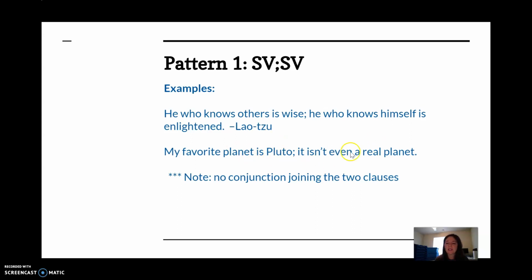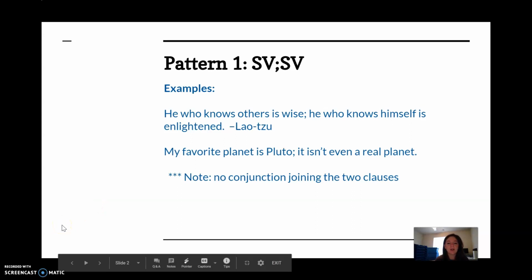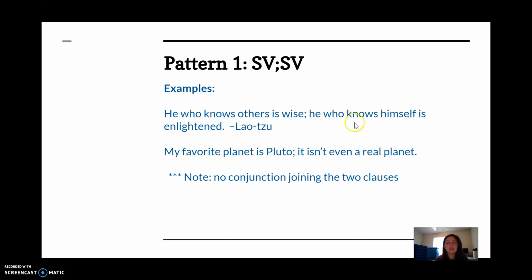It's referencing the same thing, a similar thought, and it makes sense together. That's why the writer uses a semicolon. We see that again: he who knows others is wise; he who knows himself is enlightened. We have the same subject of he, and the same topic of being wise or enlightened, and therefore it makes sense to put these sentences together.